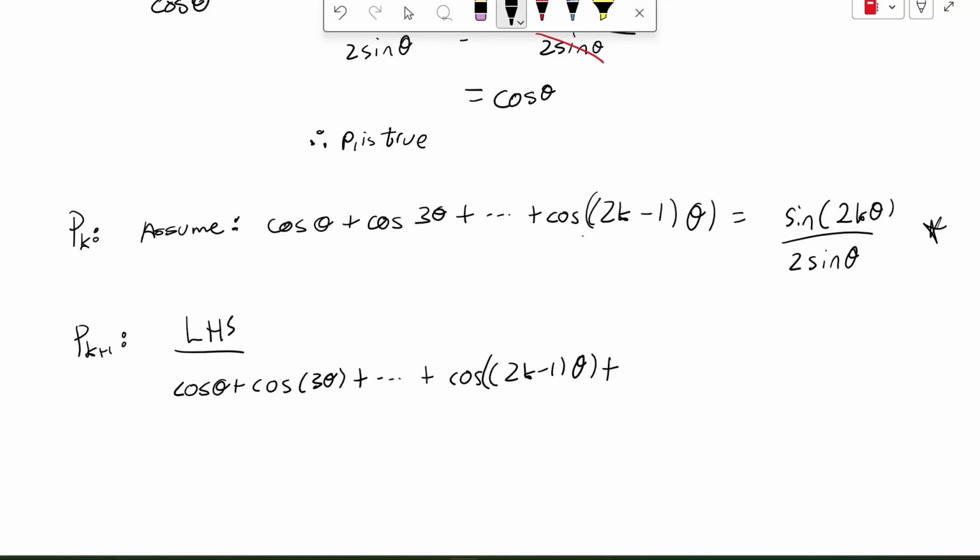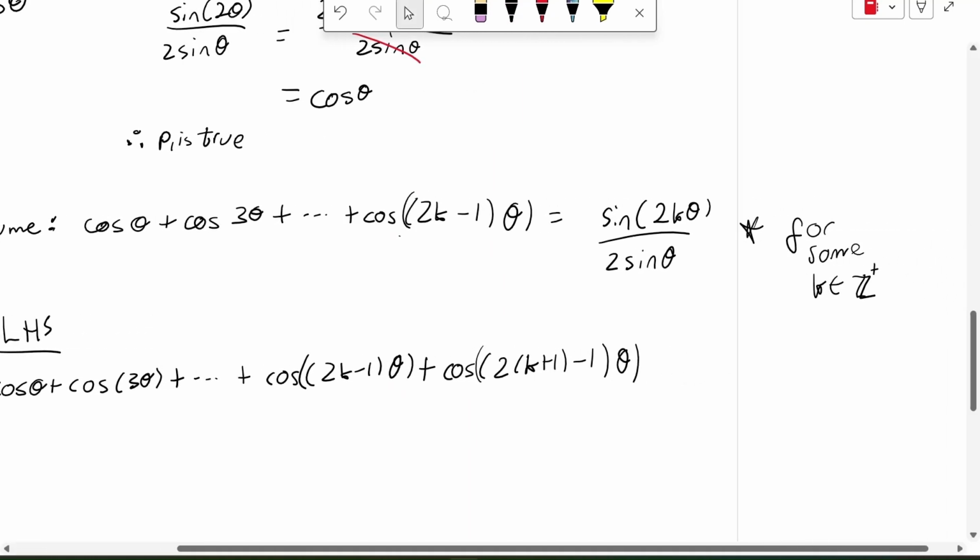And because it's the k plus 1th step, we have the extra term. So that's cos of 2 times k plus 1, take 1 lots of theta. Wonderful. One more bracket. There we go.